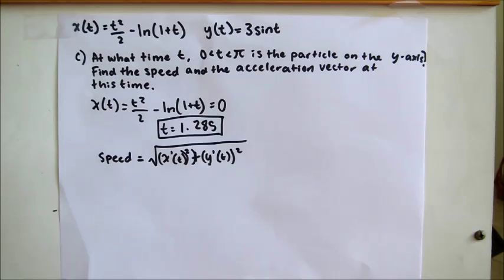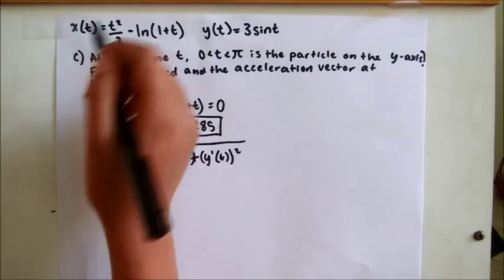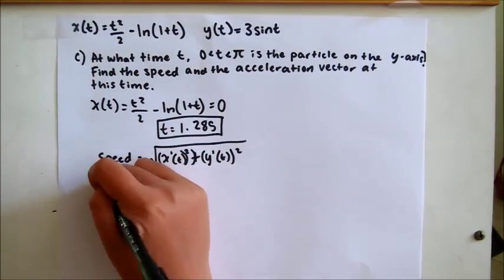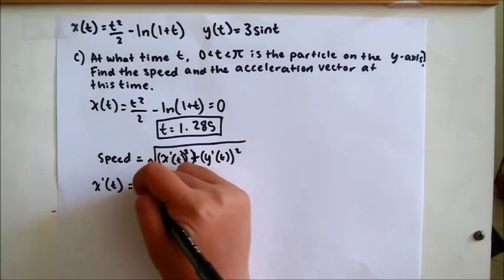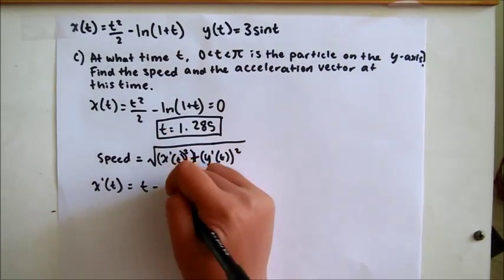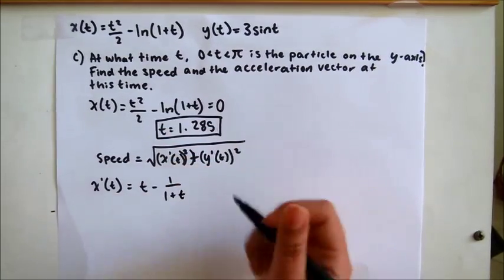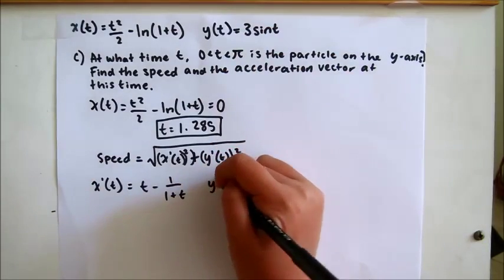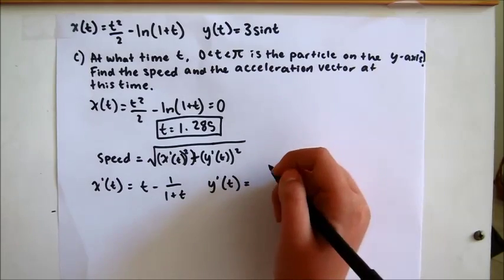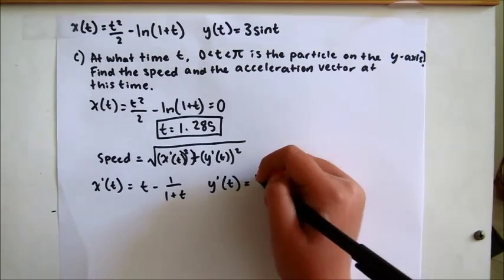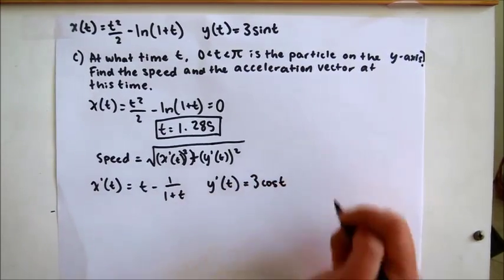To solve for this, we need to find x prime and y prime of this parametric equation. To differentiate x, x prime of t equals t minus, using chain rule, 1 over 1 plus t. And then for y prime, you know that the derivative of sine is cosine, so that equals 3 times cosine t.